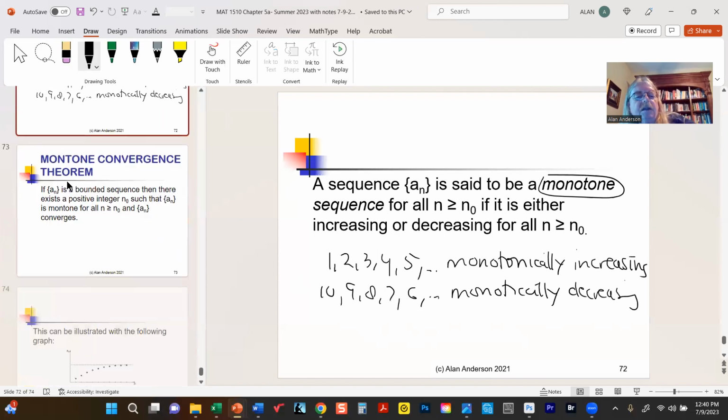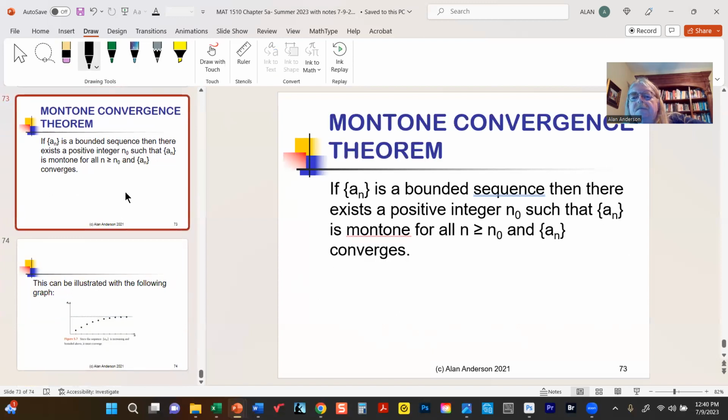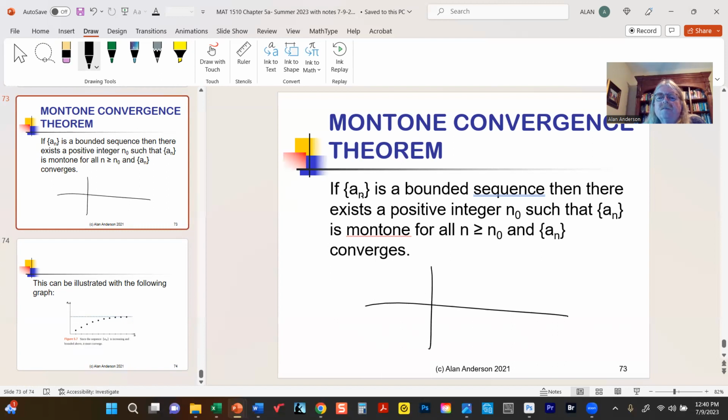Okay. Now, there's a convergence theorem for this, of course. So basically what it's saying is that if a_n is bounded, meaning there's an upper and a lower bound, then there must be some point along our sequence after which it is monotone and it converges.